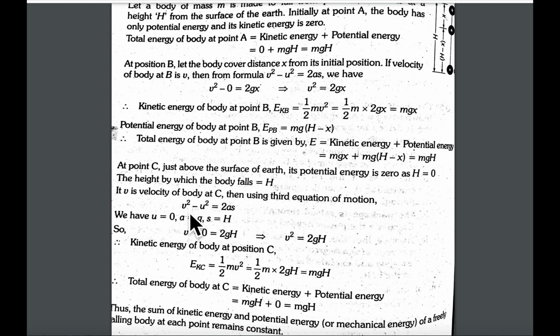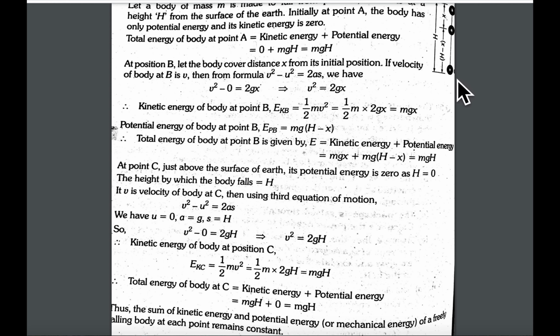We have to calculate the velocity at point C. So again we will use the third equation, v square minus u square is equal to 2as. Again initial velocity is considered as 0, a is equal to g and s is equal to h. So v square is equal to 2gh.